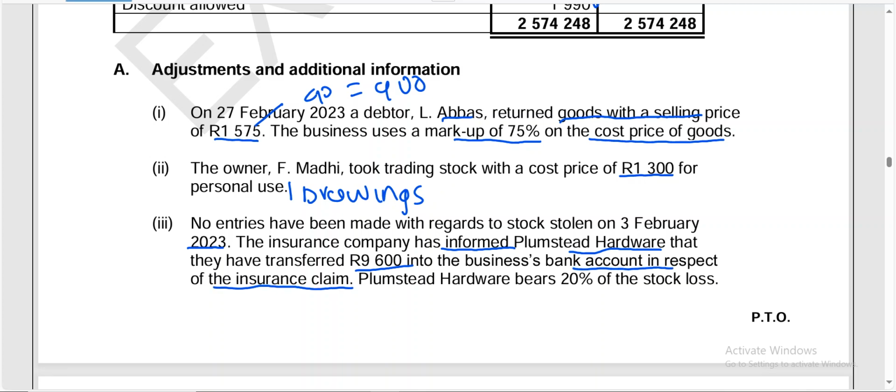So here they've told us that they've given us 9,600, and the last part of the transaction says that Plumstead Hardware bears 20% of the stock loss. Now remember, it means that we would have a loss on insurance claim of 20%. The 9,600 that they gave us represents the 80% of what we got. So we must show loss on insurance claim first, and then I'll tell you what else to show.